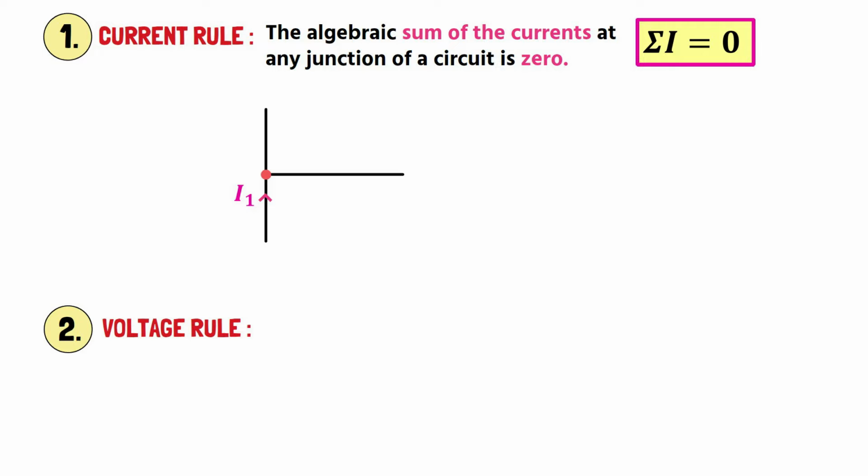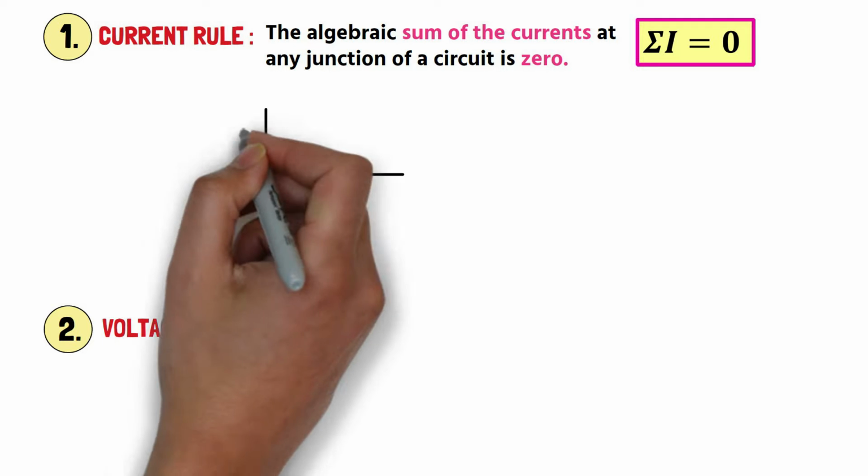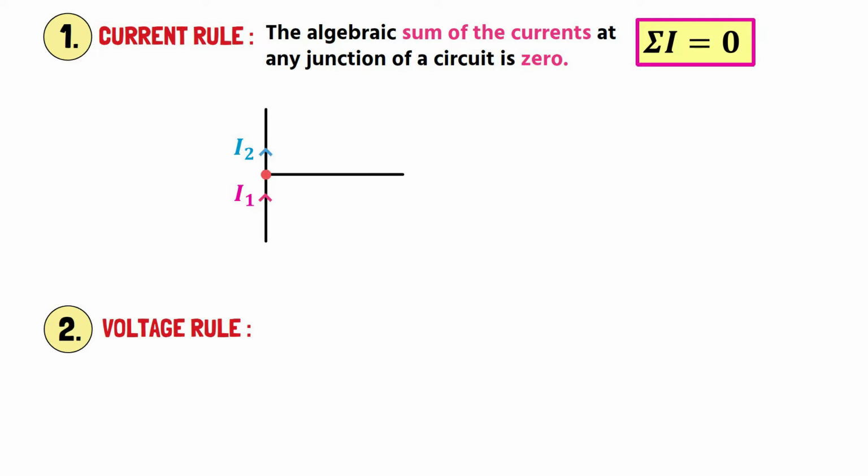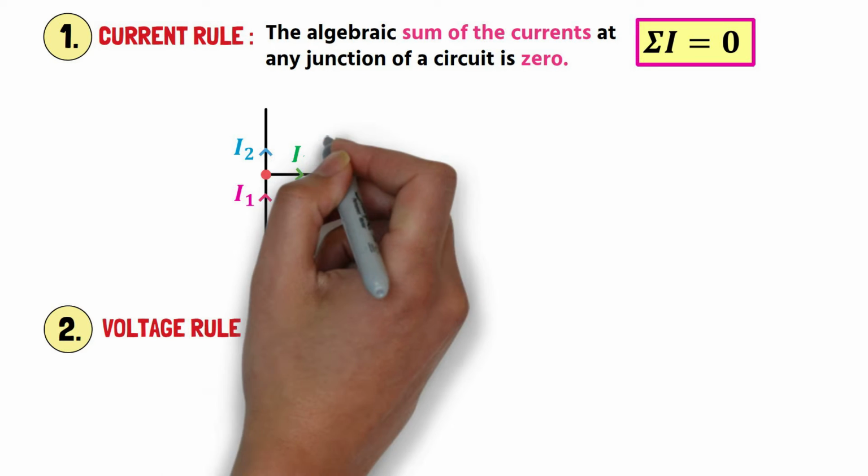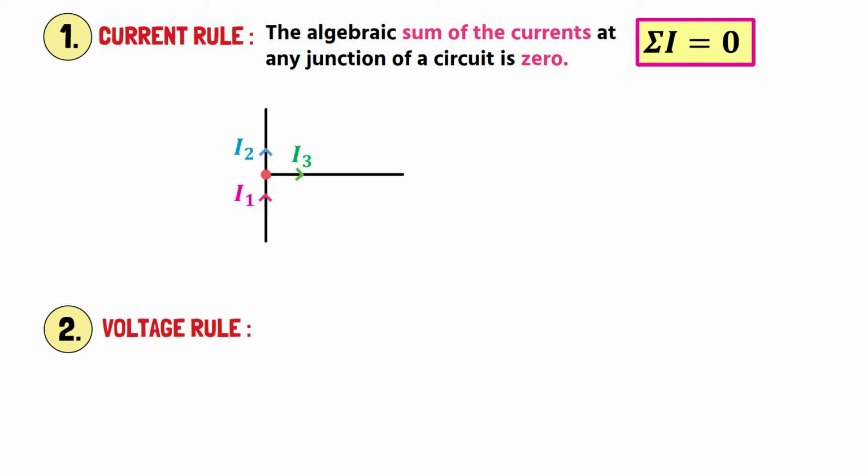There are 2 other currents that will leave the junction. For example, here kita ada I2 yang keluar daripada junction dan juga I3 yang kita labelkan dekat sini dan the direction of I3 juga keluar ataupun outward from the junction.